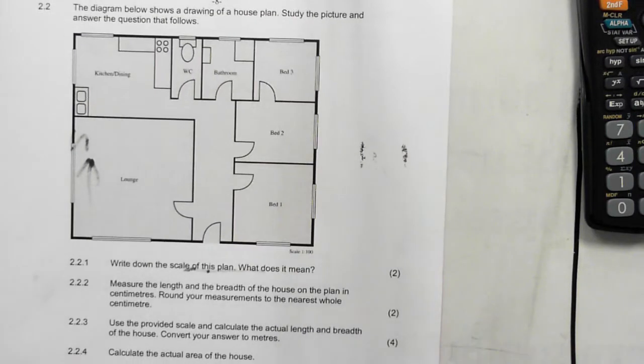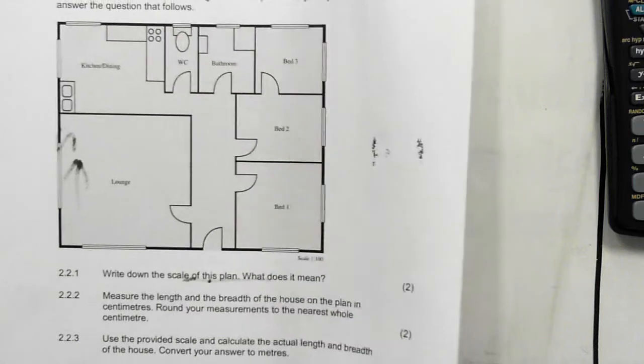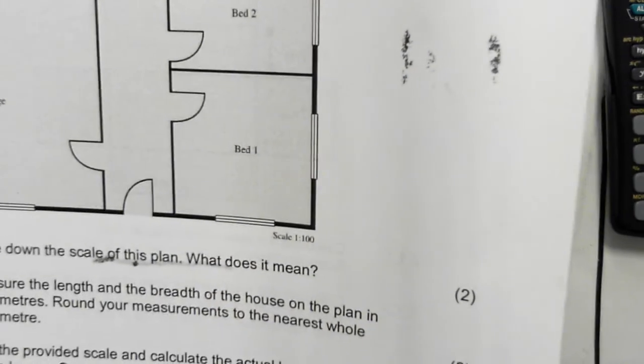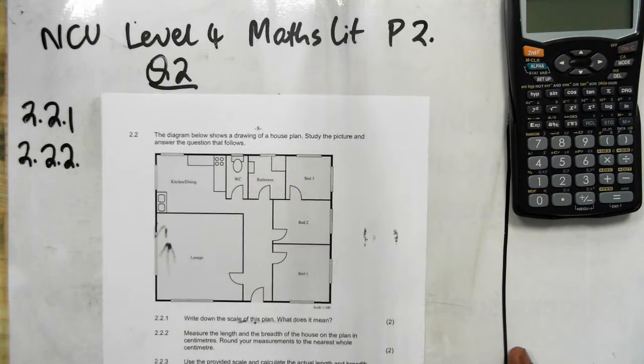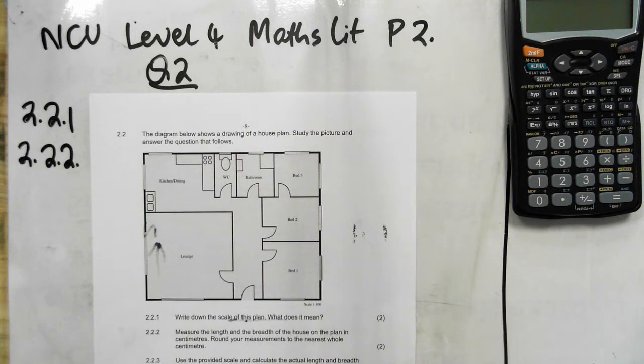Your scale is given here on the bottom right of this house. That is a very interesting factor. So your scale is given as 1:100. That is a very interesting factor about this diagram, and it's something we must take into consideration when we are answering the questions that follow.